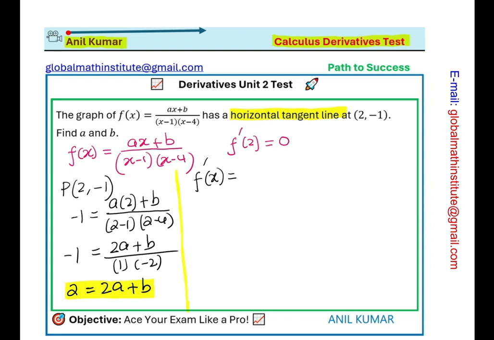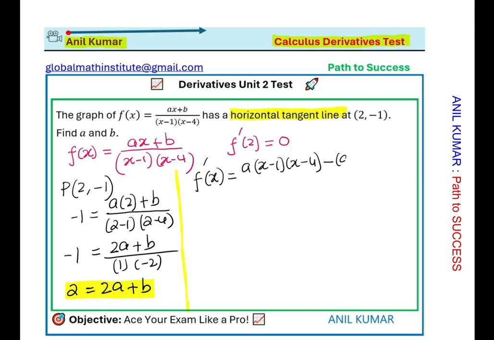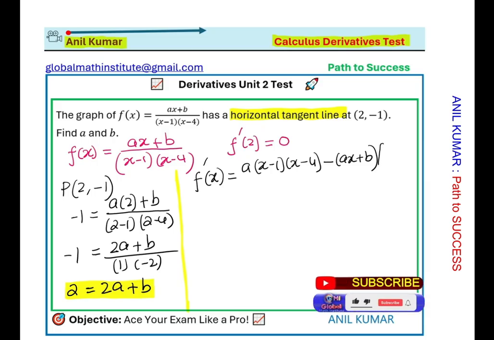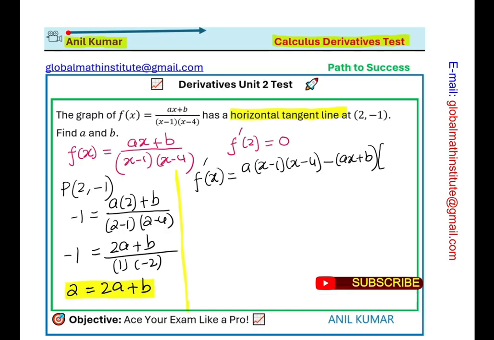We are using the quotient rule: a times x minus 1 times x minus 4, minus ax plus b times the derivative of the denominator, where we'll use the product rule. You could actually expand this and get a simpler equation also, but you could use the product rule.